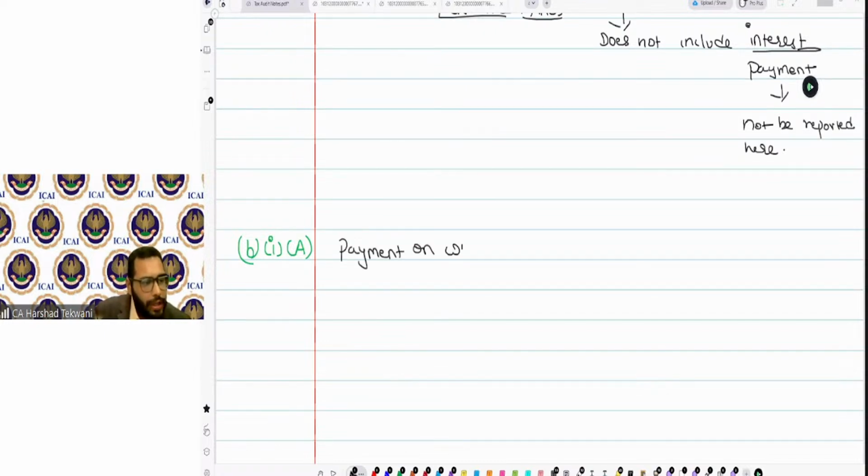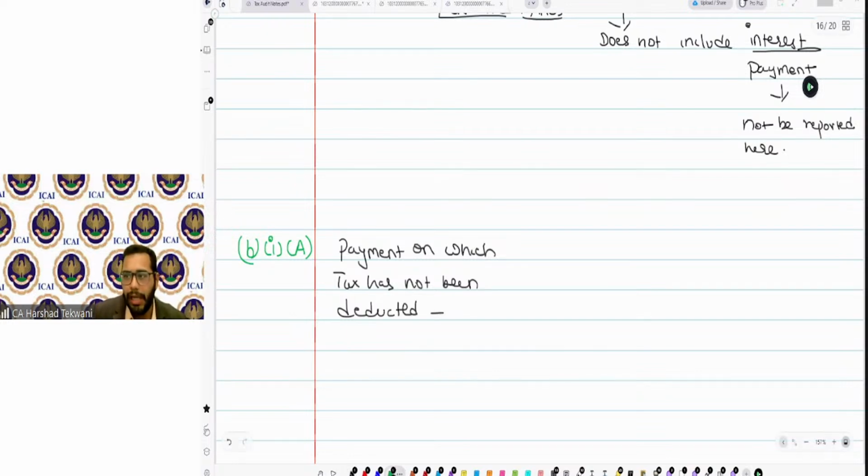Payment on which tax has not been deducted. You need to refer to Section 40A(i). Over there, you need to verify if there are any such payments.